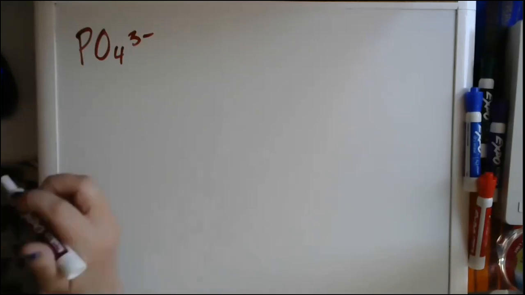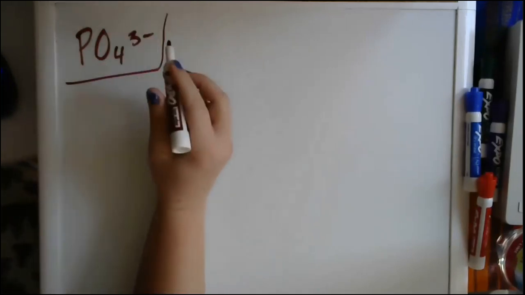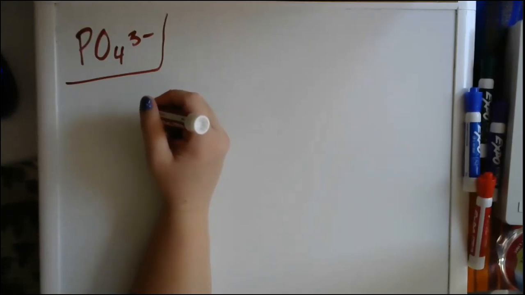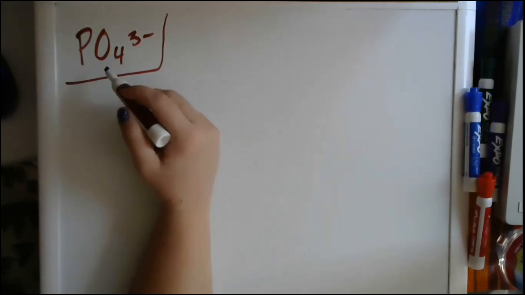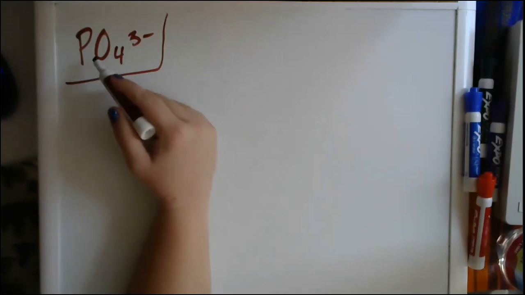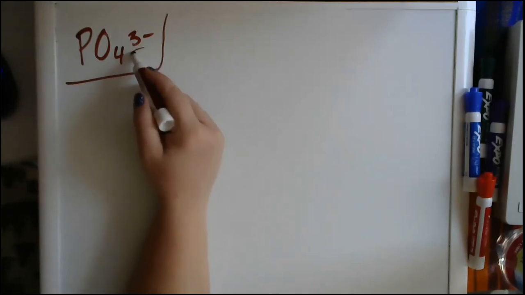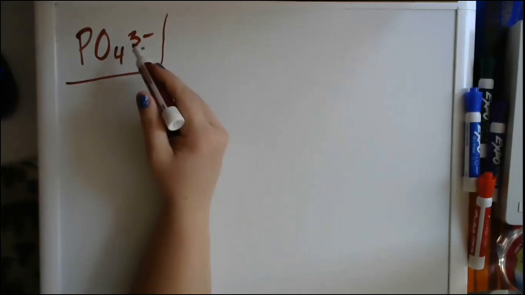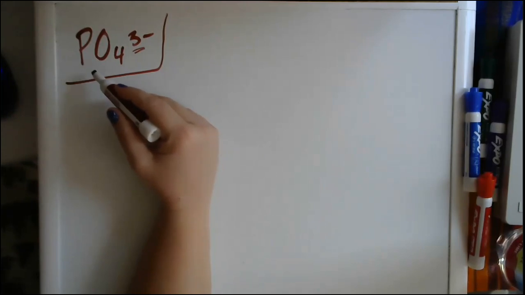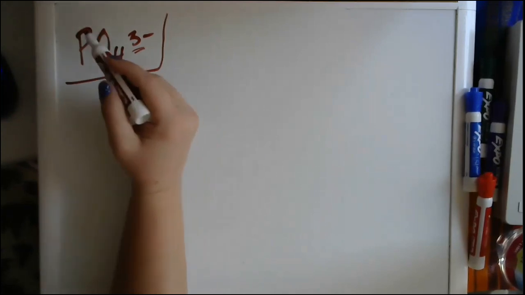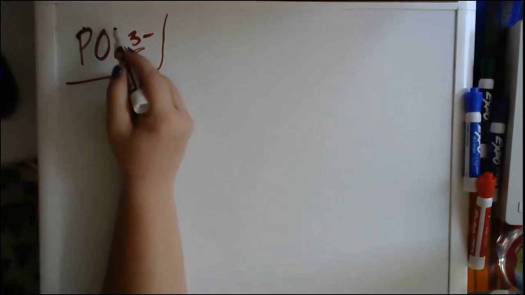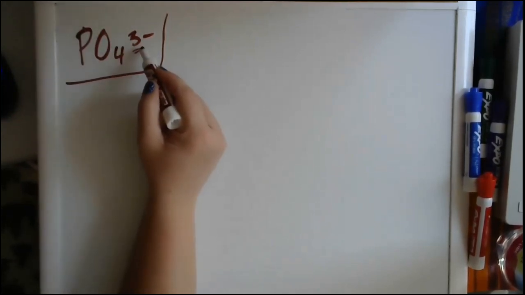Let's start here with the phosphate ion, PO4 3-. So we know from our rules that when we have a polyatomic ion, the sum of each of the oxidation states of each of the atoms in the polyatomic ion is going to equal the charge on the polyatomic ion.